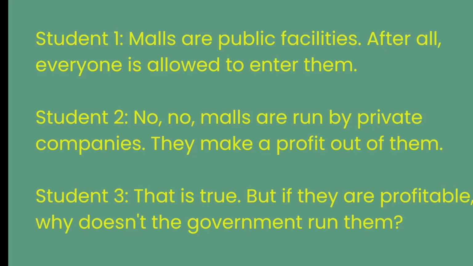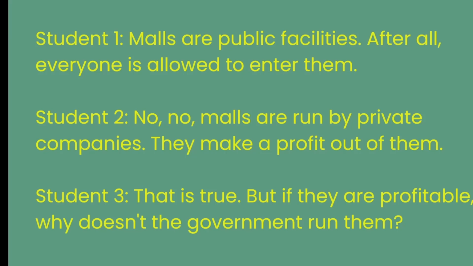Student 2 says no, malls are run by private companies. This is correct. They make a profit out of them. That is also correct. So student 2 knows what a mall is, and student 2's concepts are pretty clear. Let's see what student 3 says. That is true. So student 3 is agreeing with student 2. But then he or she says, but if they are profitable, why doesn't the government run them?